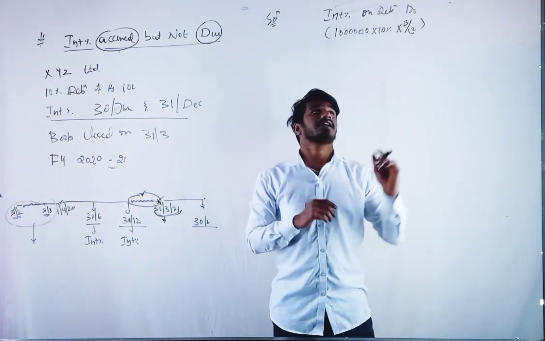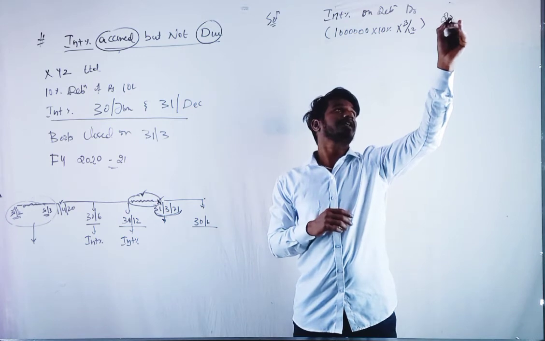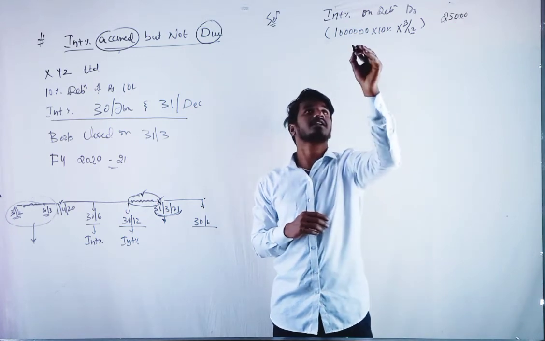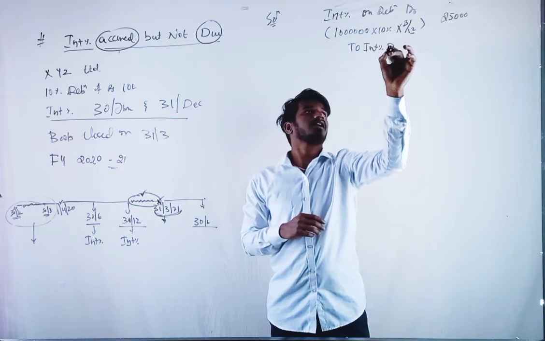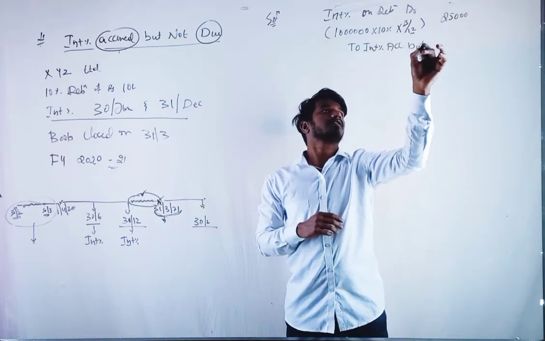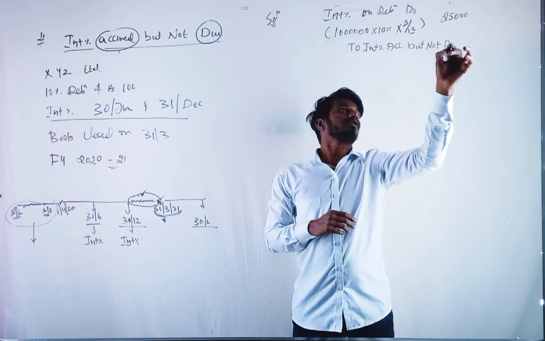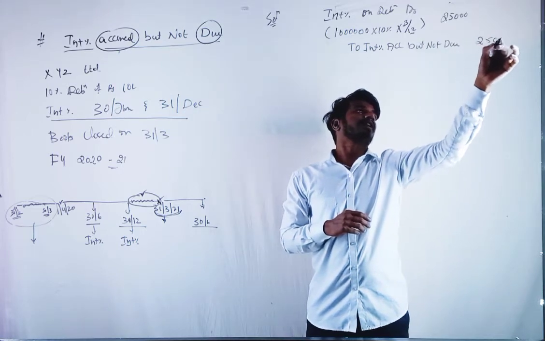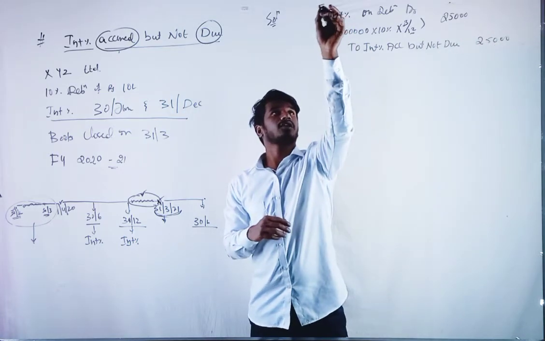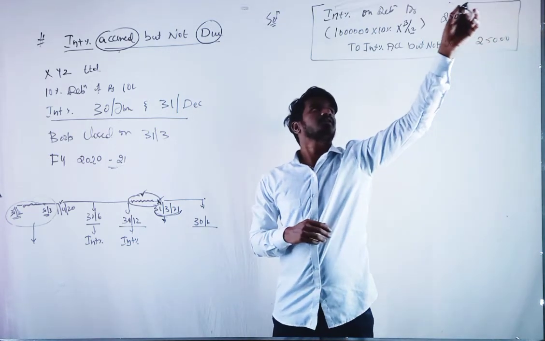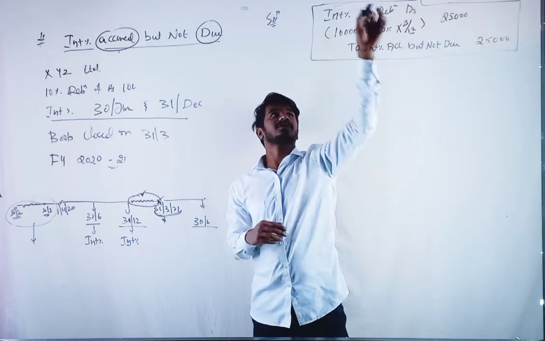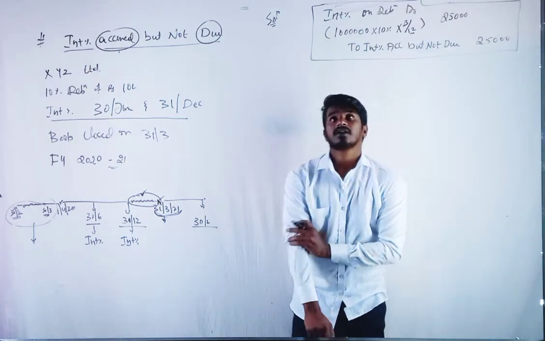How much? It will be 25,000. To interest accrued but not due, 25,000. It is not related to your solution. For better understanding purpose, I have written it here.